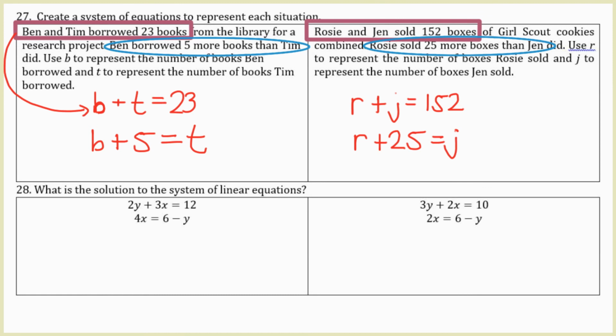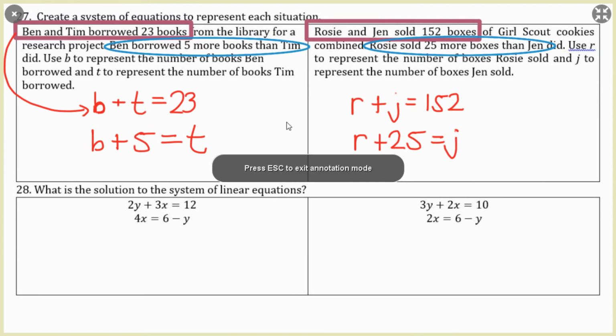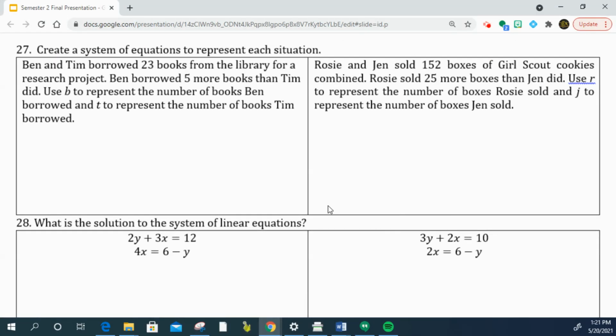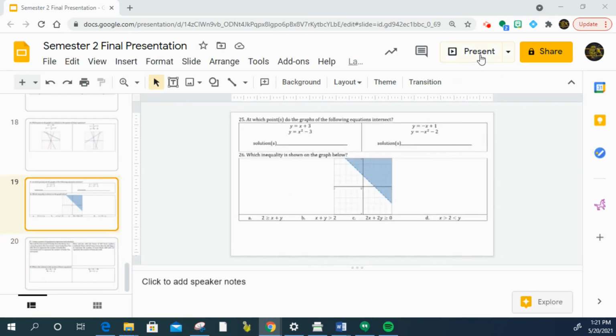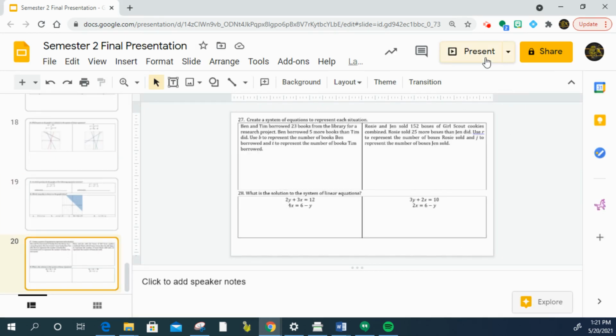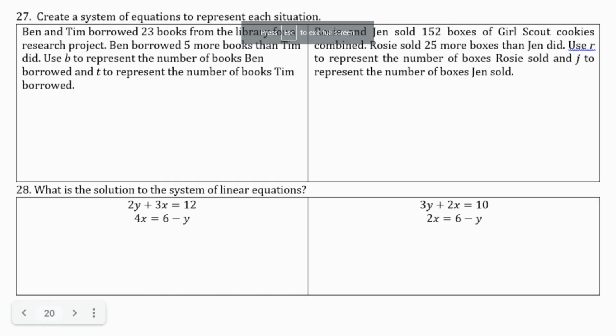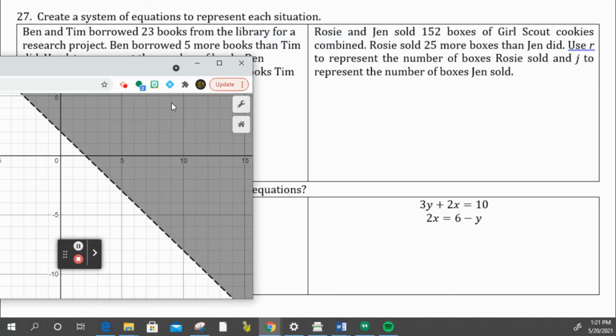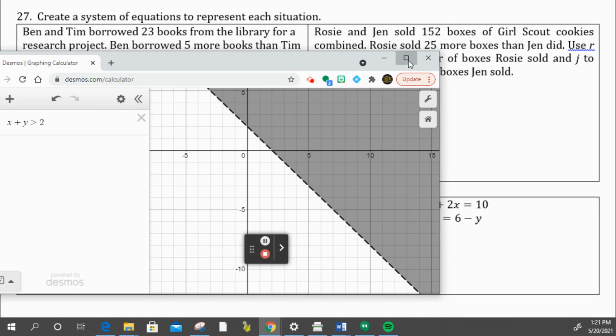And finally, on number 28, what is the solution to the system of linear equations? Once again, we're going to our best friend Desmos. So let's go ahead and check out Desmos and type in those two problems.